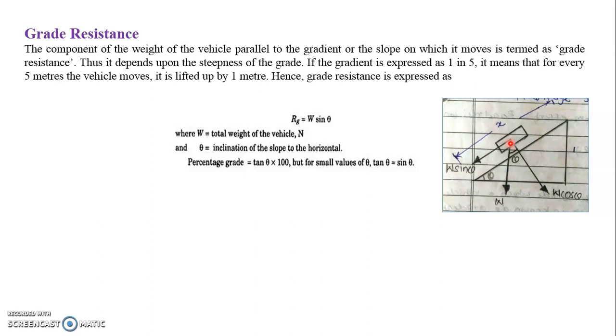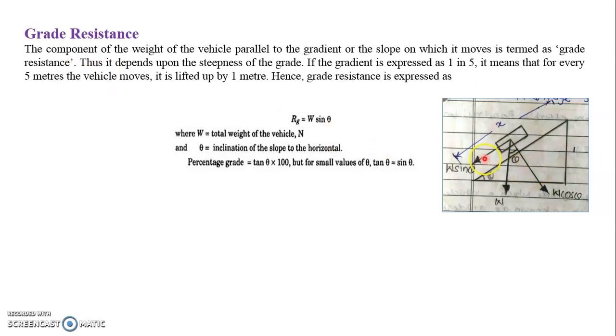In this figure, the components of the weight of the vehicle are W sin theta and W cos theta, where W is the weight of the vehicle. As per the definition, grade resistance is the component of the weight of the vehicle which is parallel to the slope.